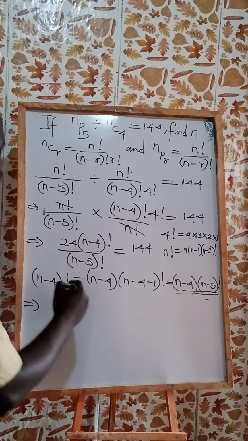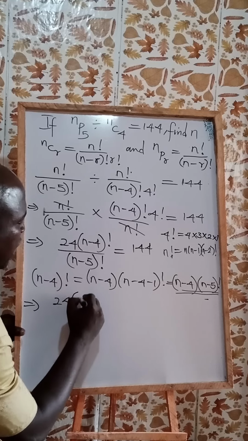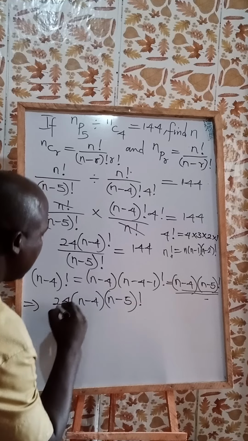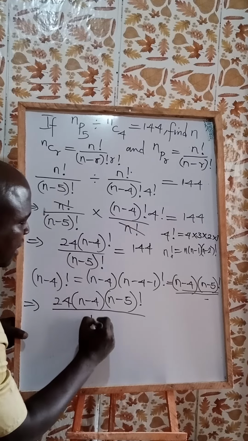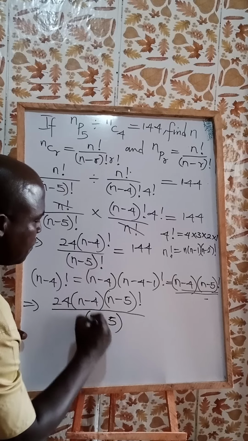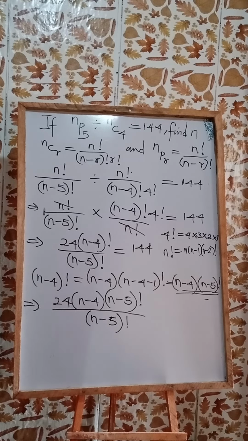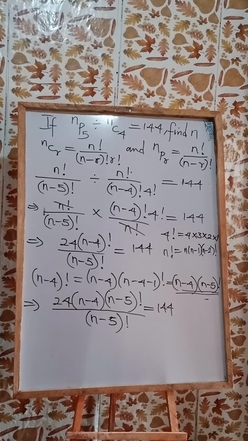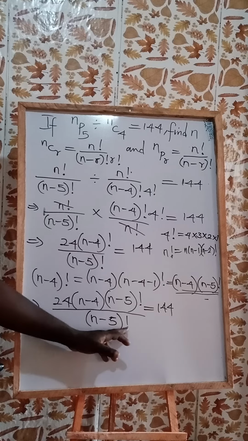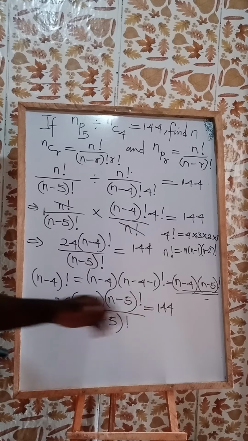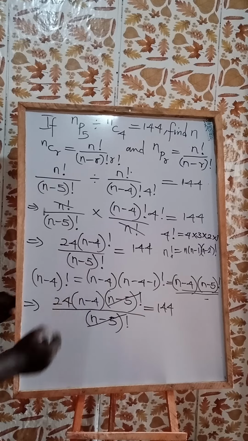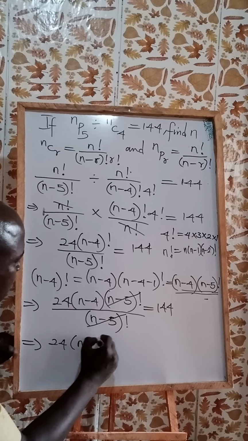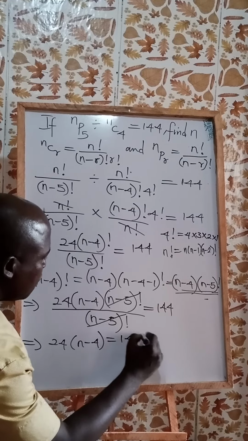I'm going to have 24 into (n minus 4) into (n minus 5) factorial, everything all over (n minus 5) factorial, and I can equate everything to 144. You will notice that (n minus 5) factorial will cancel (n minus 5) factorial. So I'll now be left with 24 into (n minus 4) is equal to 144.